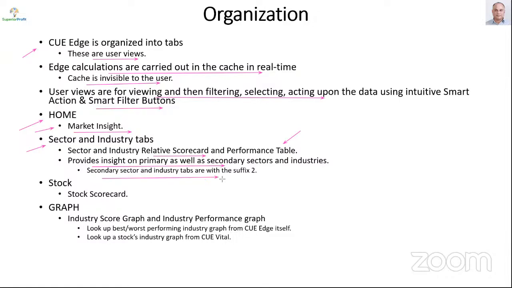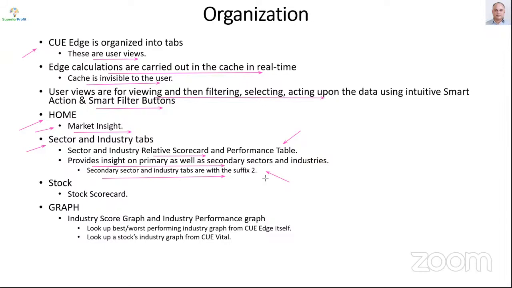Secondary sector and industry tabs are with the suffix two. I will show you the tabs later. So we are able to do top-down analysis starting with primary sectors or secondary sectors. Primary sectors are using a different classification scheme than secondary sectors.